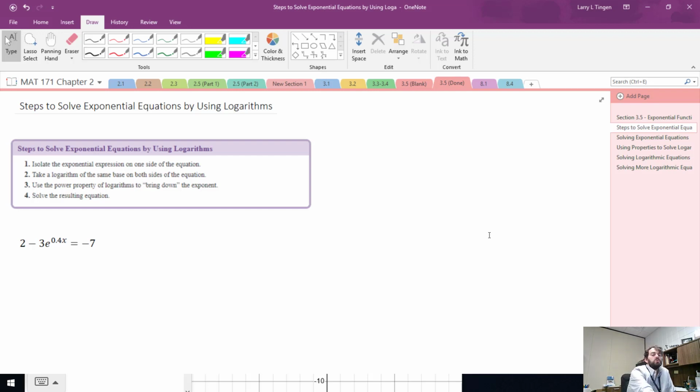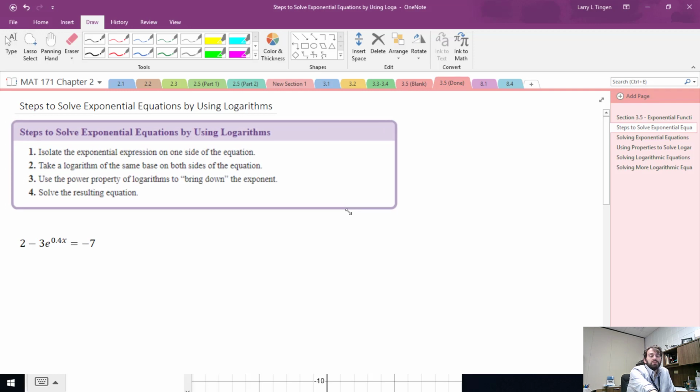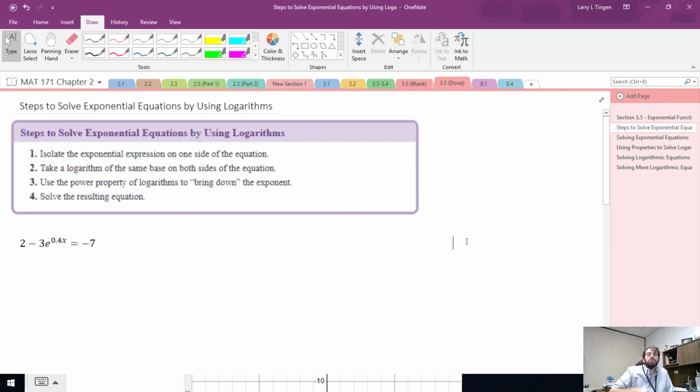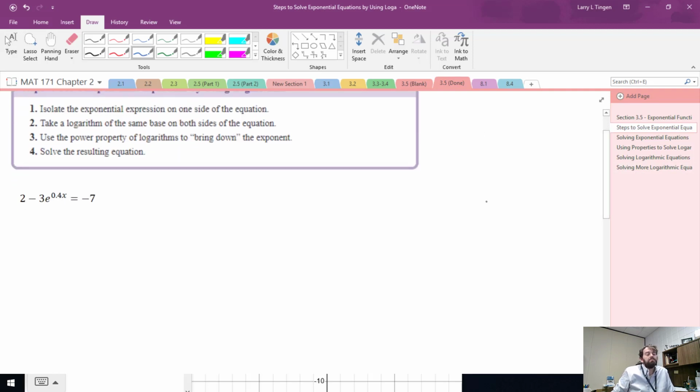Now we're going to do a process. Do not let this freak you out, but I'm going to tell you this is the most intense part of 3-5. And you're going to be using all of the rules that you can come up with to get this work done.